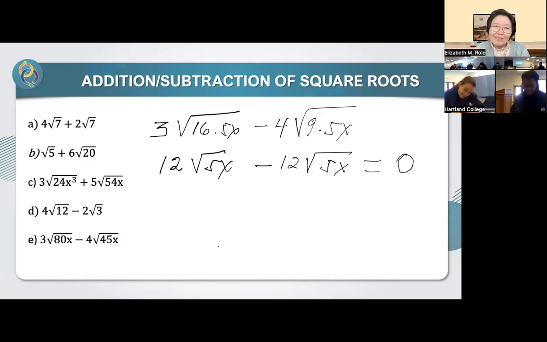Okay, so I hope you have learned a moral lesson. It should not be the square root of 5x. It will be 0. The square root of 5x is not the same as 0, so your answer should really be 0.